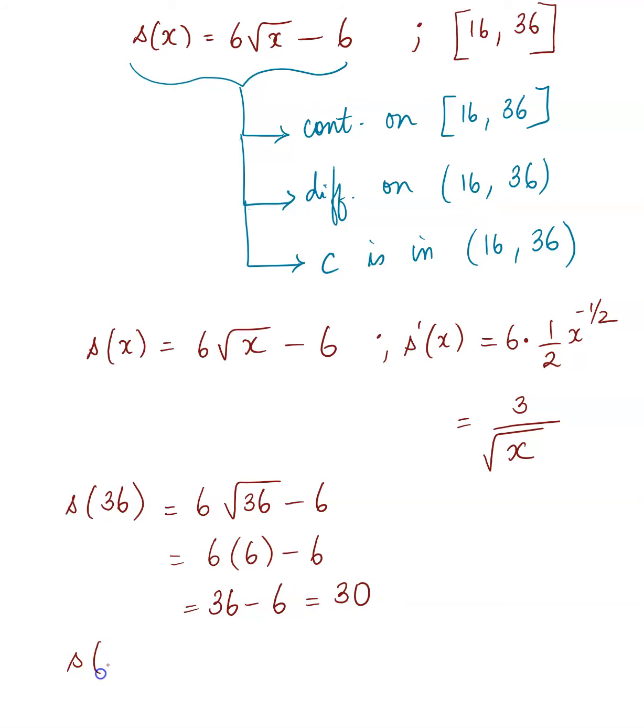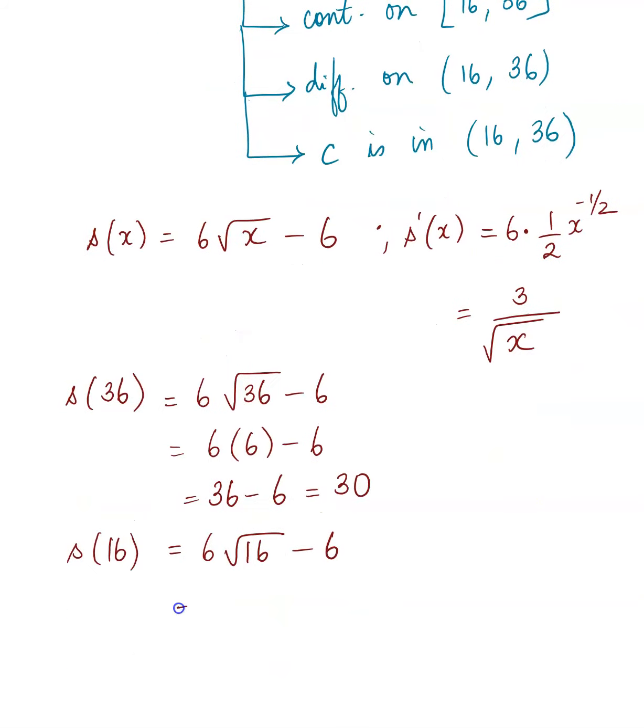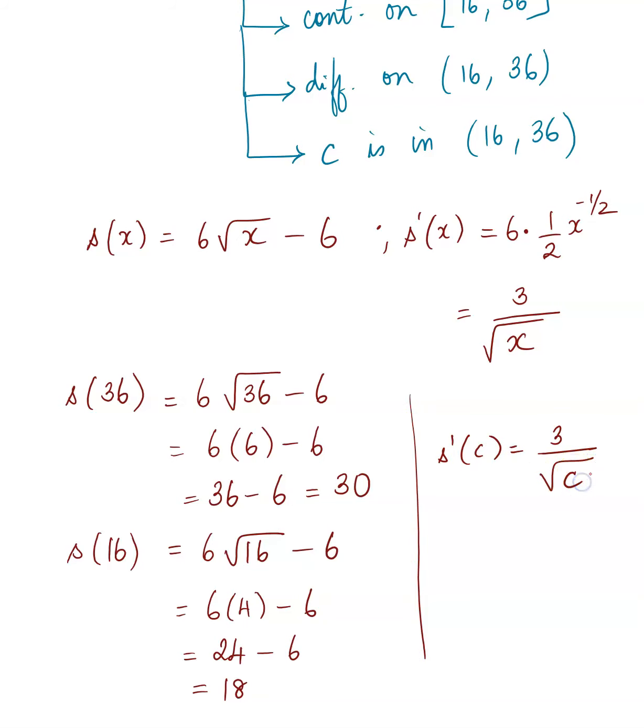And s of 16, the other end, is 6 times 4 minus 6, which is 18. Then s prime of c is 3 over square root of c.